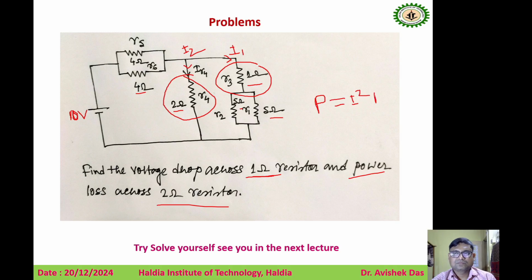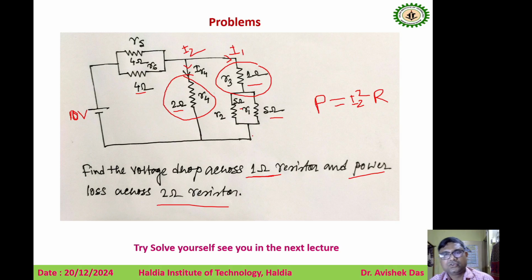So if you find the I value, here it will be I2, you can find the power loss across the 2 ohm resistor, right? So try to solve this network.